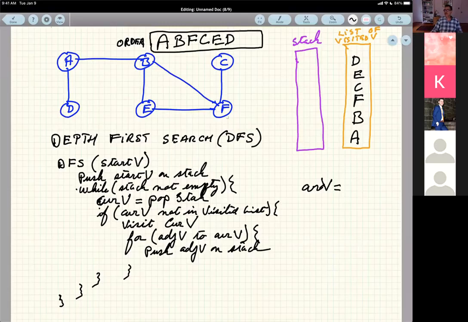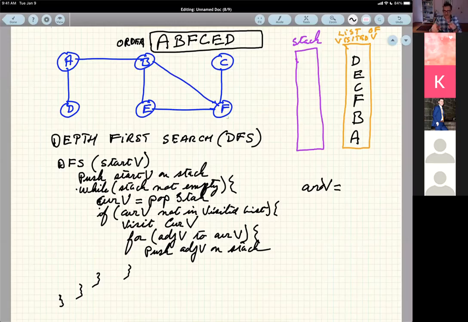Here, we're looking at how to get to all of the vertices, but by going as far as I can first, and then coming back and looking at the ones that are closer to me. I'm going to try to go as deep into the graph as I can.